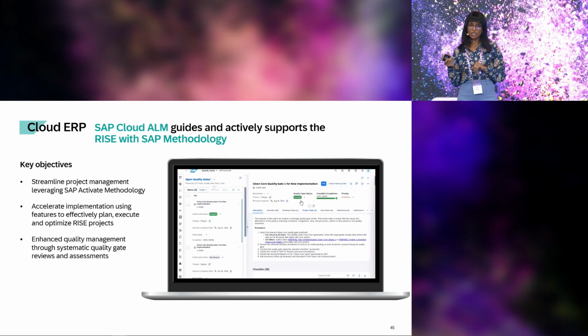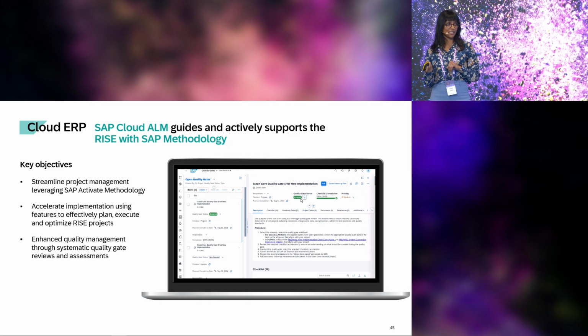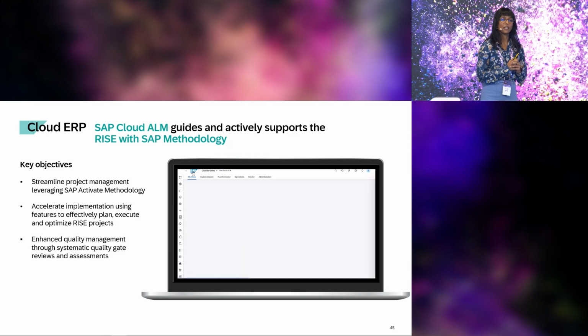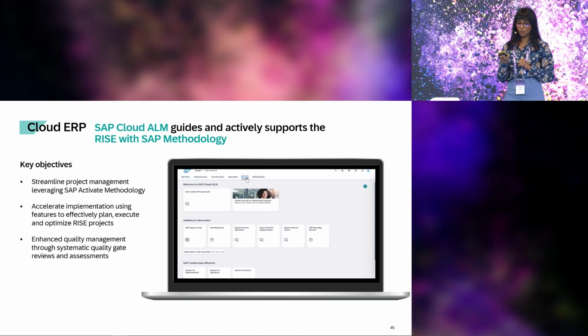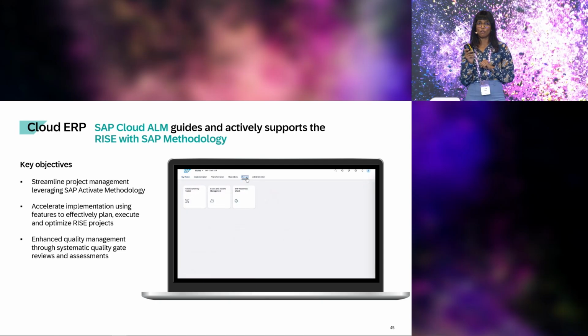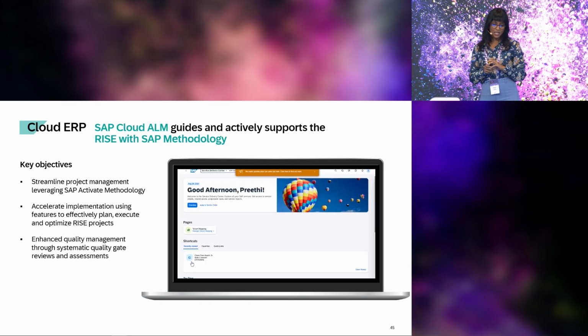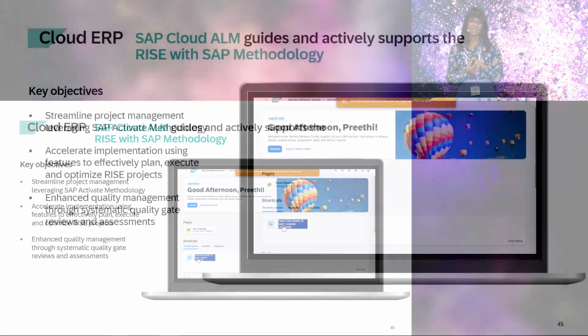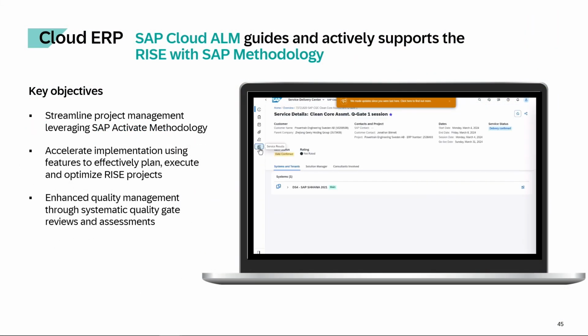Every completed Q gate is submitted to SAP. It is evaluated by the SAP experts, and the results are shared with you, accessible in your own Cloud ALM tenant. So this is where, in the service applications, you get access to the final report of the assessment of your own quality gate.